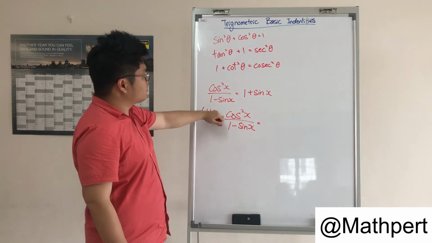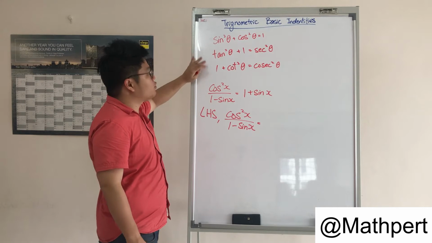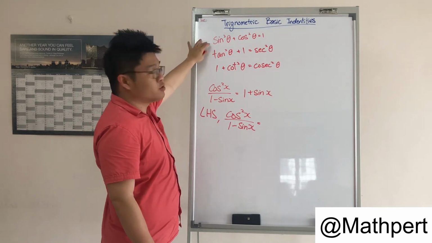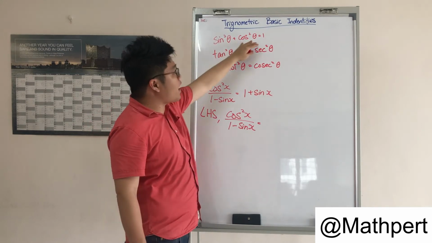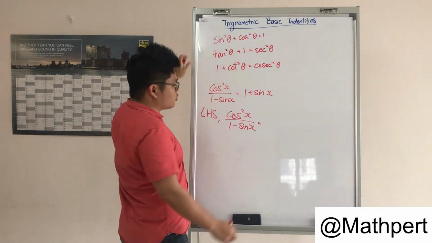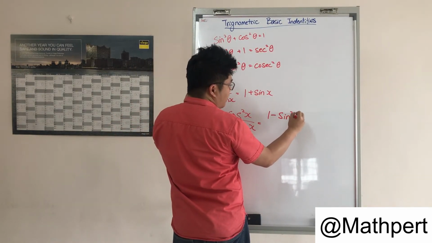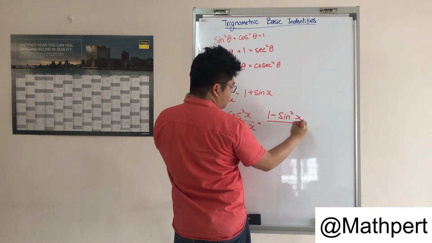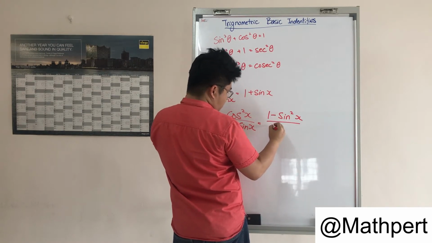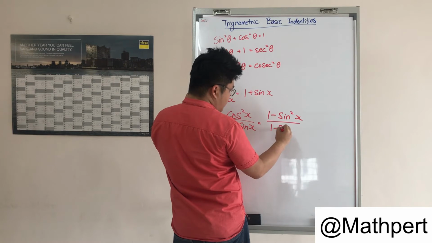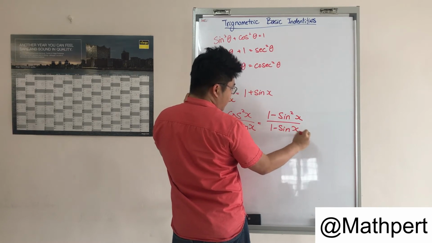For cos square x, from these three equations, which one can we use? Okay, we use the first one. So cos square x is equal to 1 minus sine square x, over 1 minus sine x.